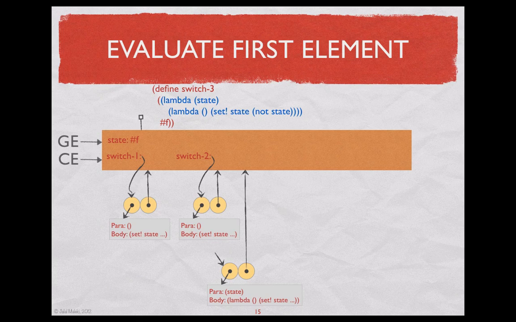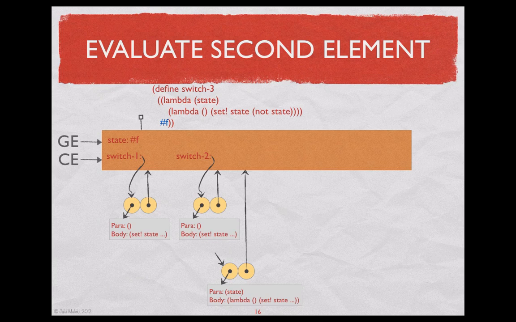And then we also create a pointer to the environment in which this procedure was created. So now we know what this blue statement results in. The next thing we do is to evaluate this little truth value, the false value, represented by hash sign and F.